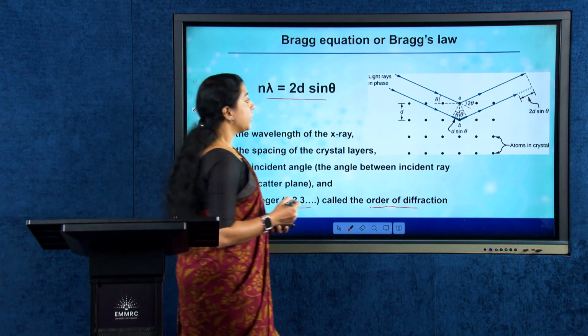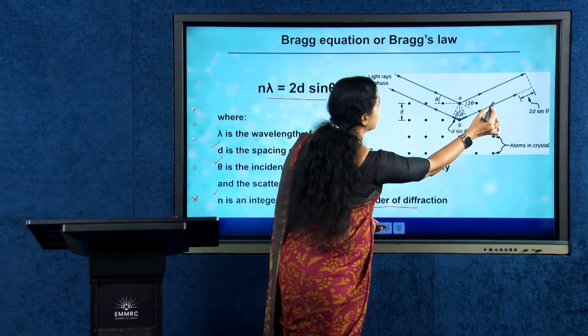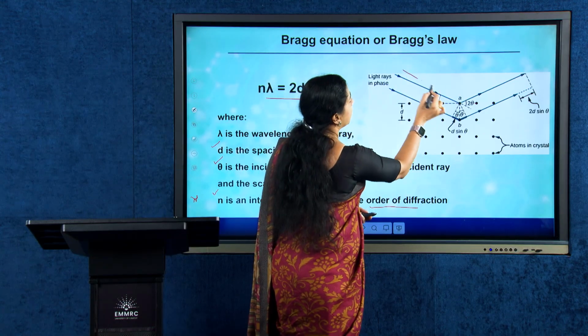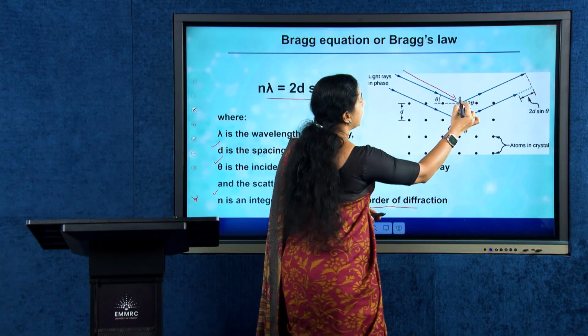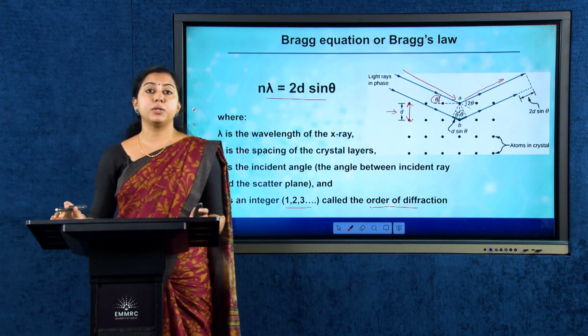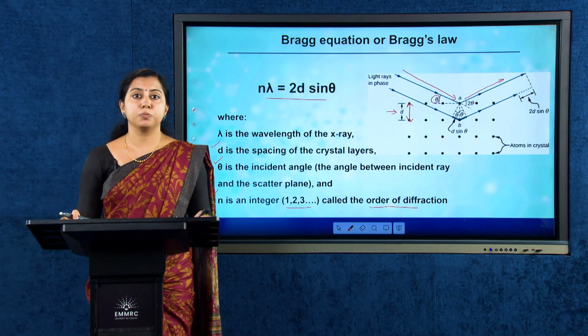In the figure you can see many atoms arranged regularly in different planes, with X-rays falling onto the atoms in the crystal and getting diffracted. The angle of incidence is measured as theta. The spacing between the planes is represented by d, which is called the interplanar spacing. So, n lambda equals 2d sin theta is the well known Bragg's equation or Bragg's law.